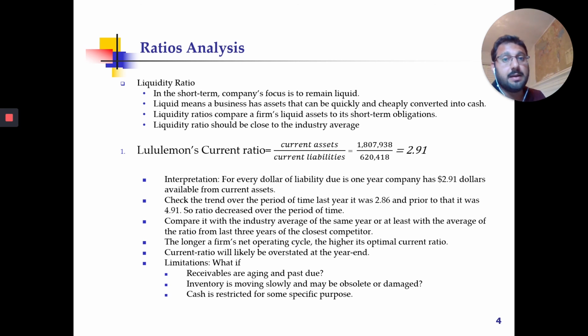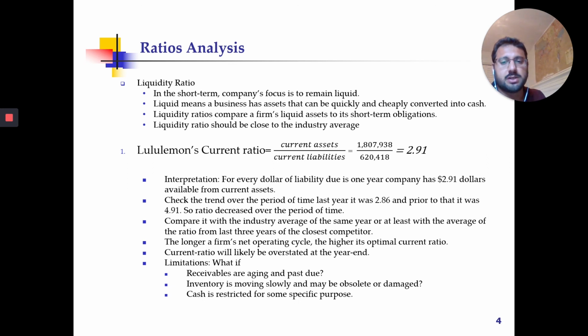So for commercial aeroplane making industries, this net operating cycle can be high, and likewise the current ratio will also be high. They need to have enough liquidity under the current assets so that they can meet the obligations coming due in 1 year.